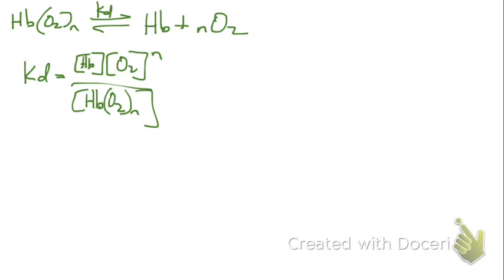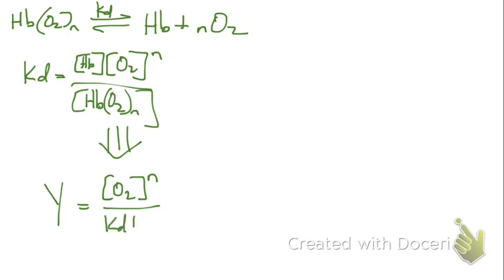Again, I'm not going to do much of the math like what you saw with the myoglobin. Feel free to work through it so that you can better see it. But I'm going to jump down to the final step, like what we saw with the fractional saturation with myoglobin, to where we get this. And again, if you want to see the steps, please feel free to come see me.